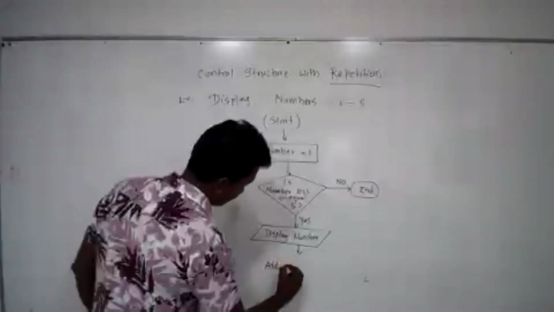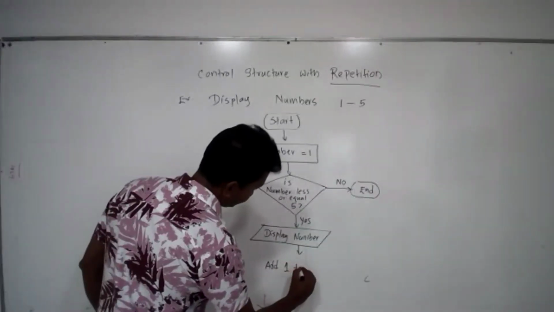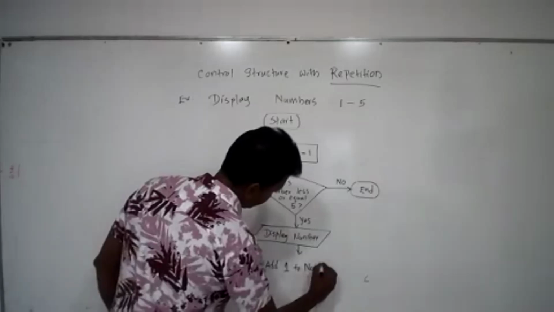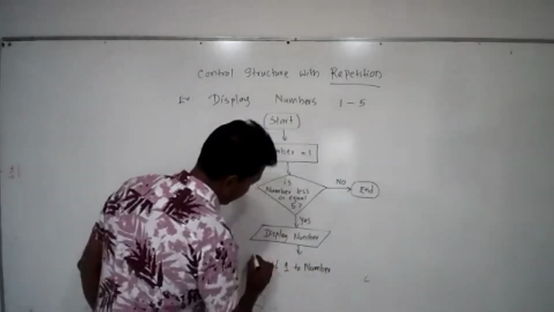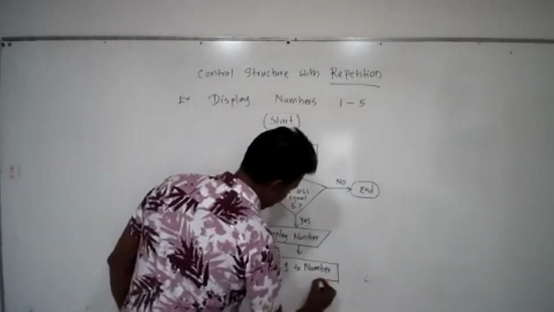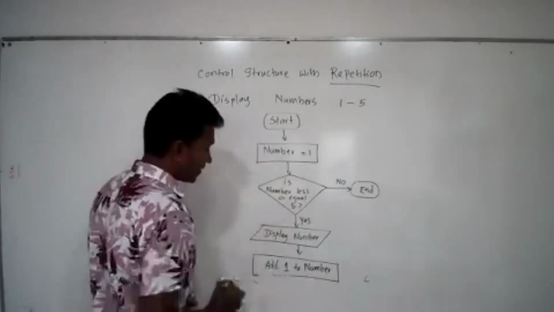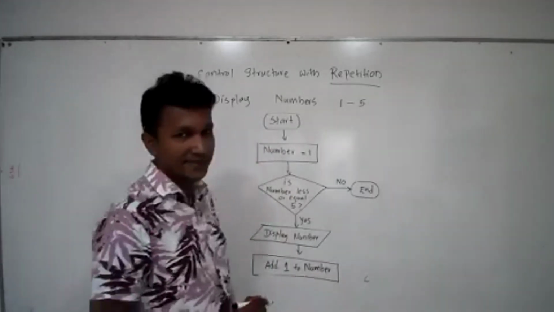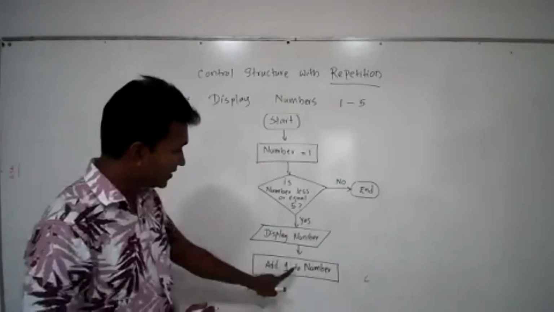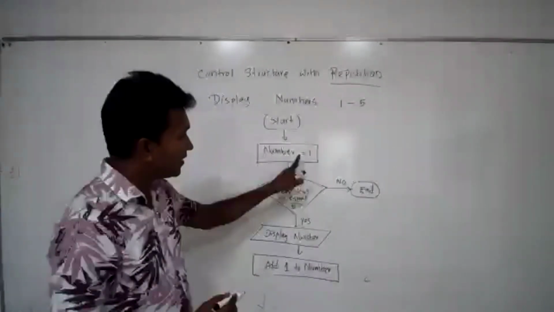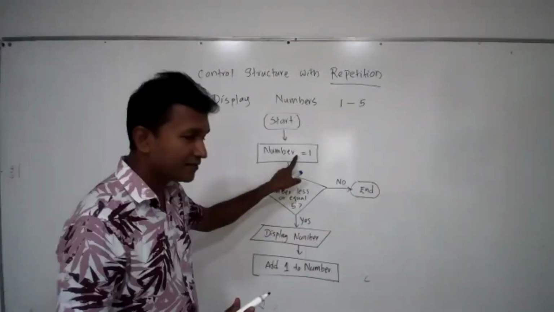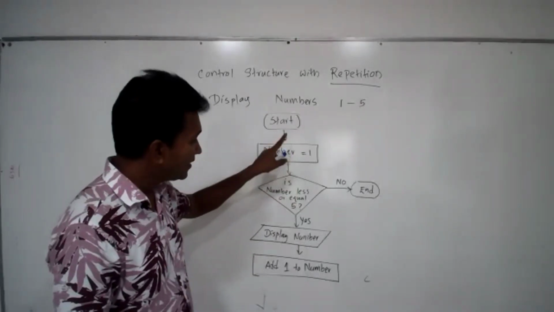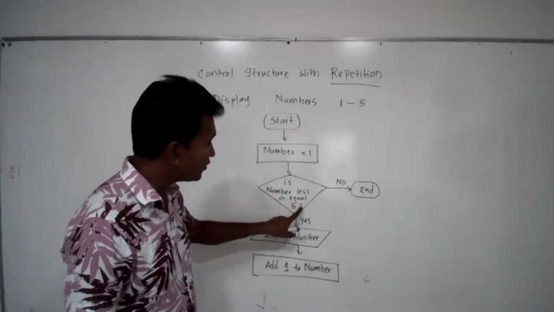Add 1 to number. That is our another process. Why? Initially it is 1, right? From the beginning, is number less than or equal to 5?